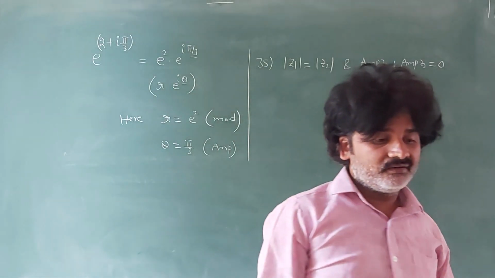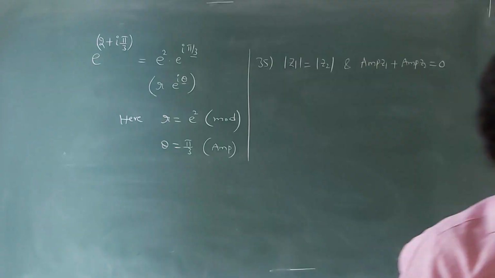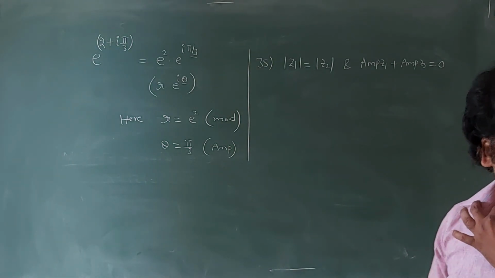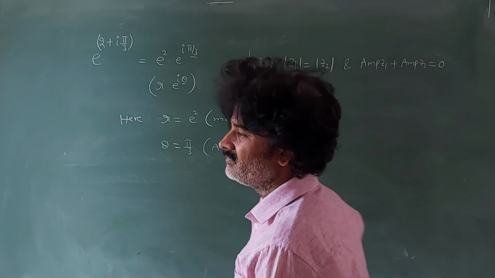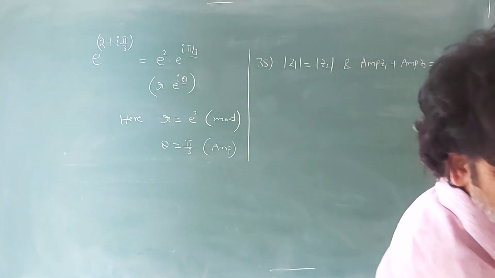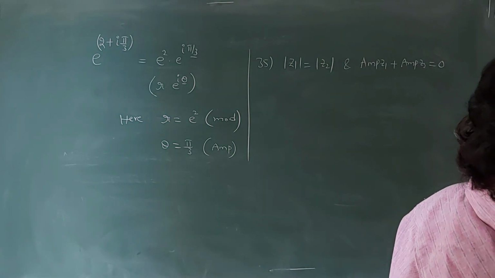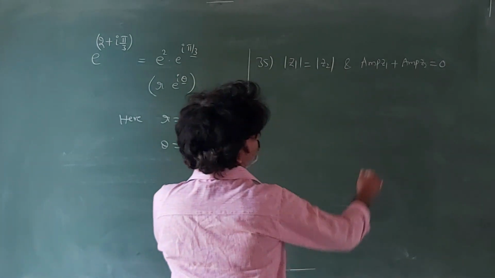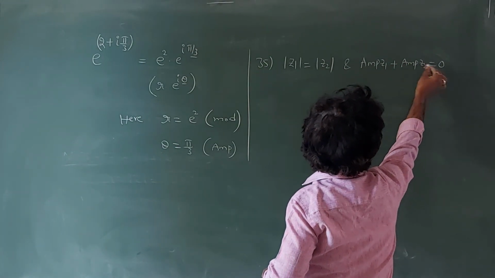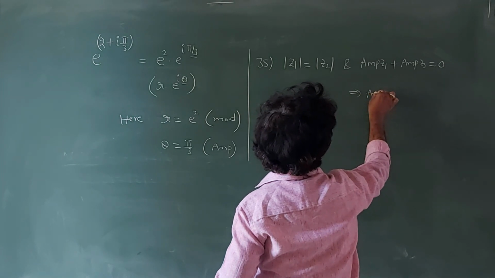Then what is the relation between the two complex numbers z1 and z2? In the options, the first option is z1 equal to z2, meaning both complex numbers are equal.